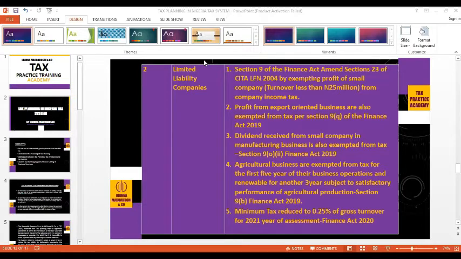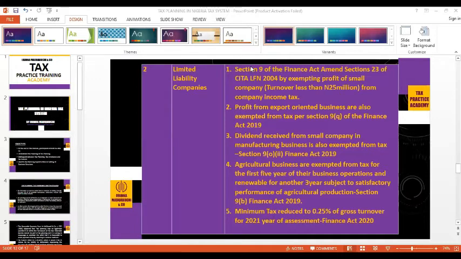Okay, let me start by saying withholding tax application is basically on qualified transactions. We have mentioned the qualified transactions for withholding tax: dividend, rent, professional services, royalty, and contract.